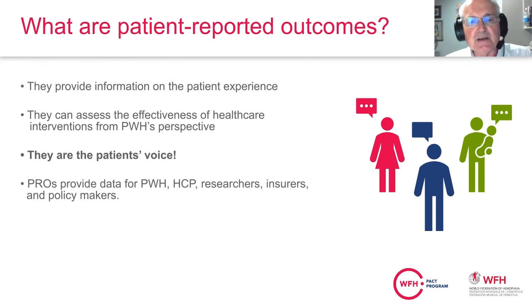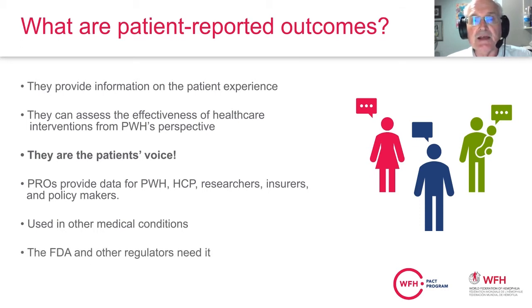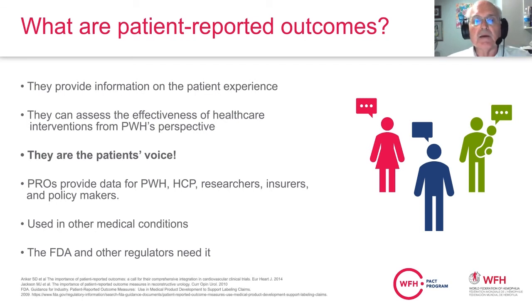PROs provide data for people with hemophilia, healthcare professionals, researchers, insurers, and policymakers. They have been used in other chronic medical conditions. And on top of that, the FDA and other regulators actually require PRO information before licensing new drugs.